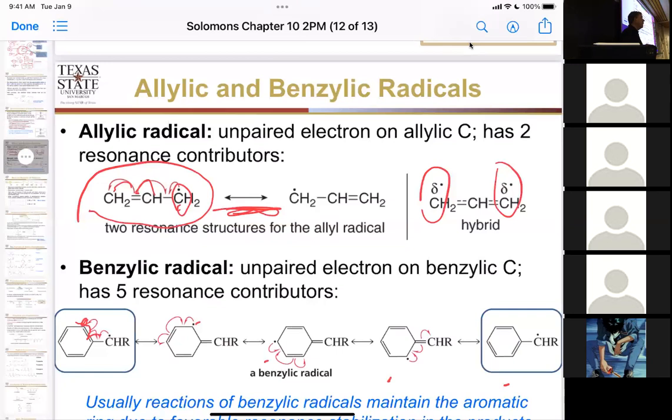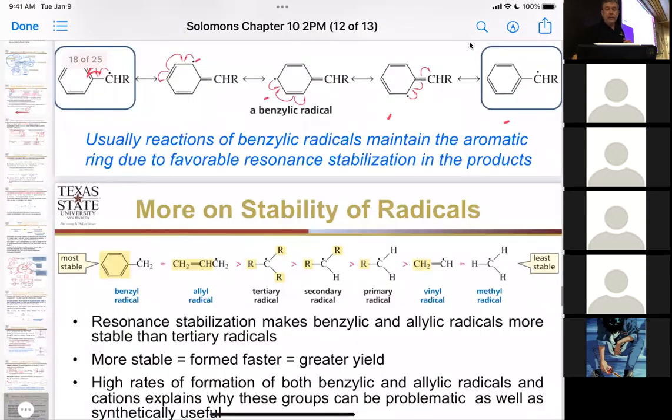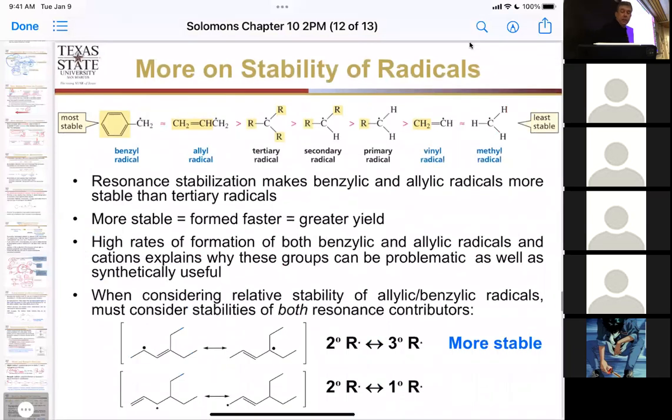They are also conjugated, and therefore that makes them even more stable than tertiary radicals, just like our carbocations. So what we ended up with is the resonance stabilization gives those radicals more stability than our tertiary. So we're actually going to use them, and we're going to create allylic halogenation and benzylic halogenation that works well.